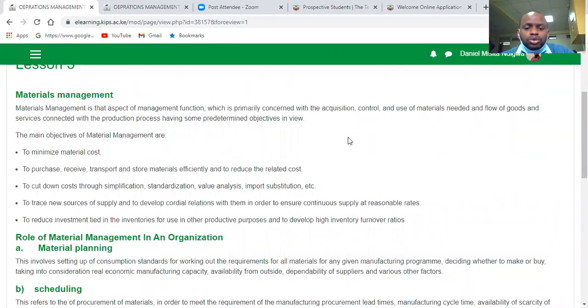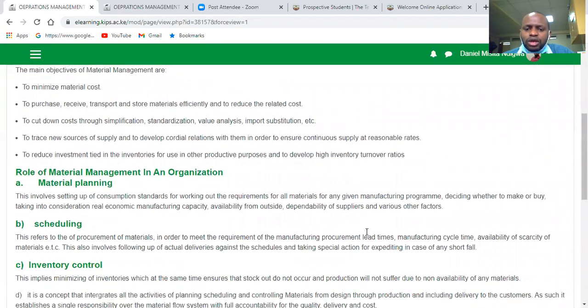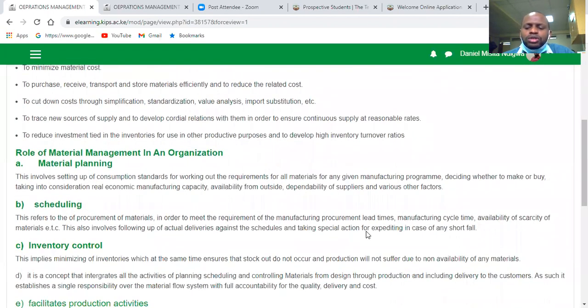And this will help you to ensure at any given time you have continuous supply of the products that you need. And this will build on the relationship between you and your suppliers. Then it helps to reduce the investment on inventory and other productive purposes. So you'll be able to reduce issues of inventory and other related services that are not going to add value to your investment.